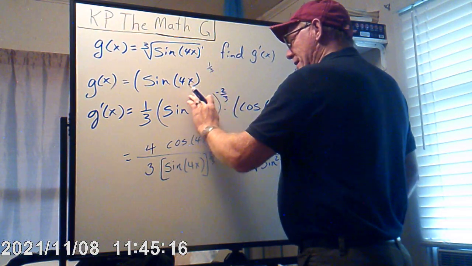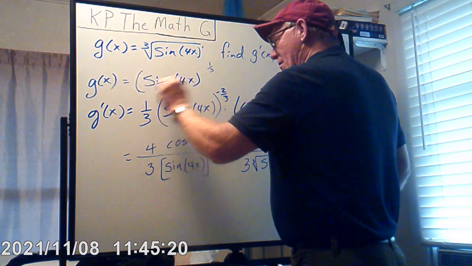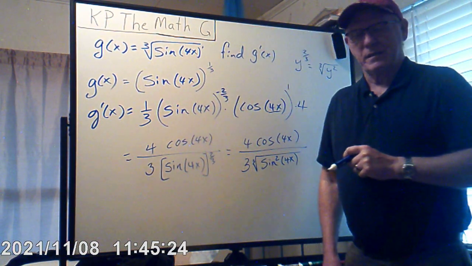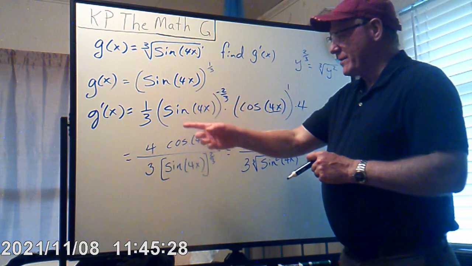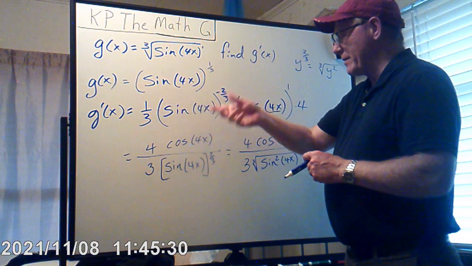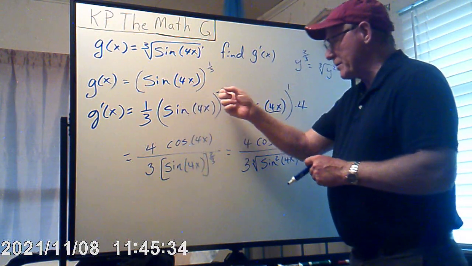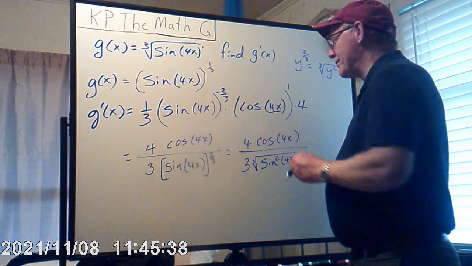Don't just do this, that's wrong. You're saying 4x to the 1/3. You need the whole thing in parentheses, like that. And then just remember, 1 plus something is 3/3, so 1 plus 2 is 3, but you have to have a negative here because you subtracted 1 from that.